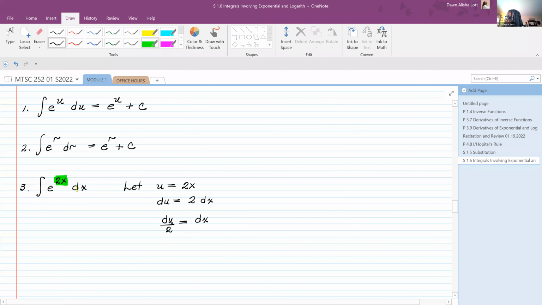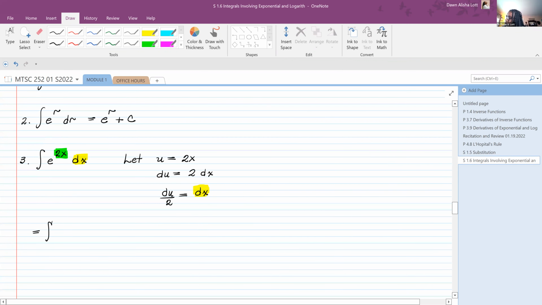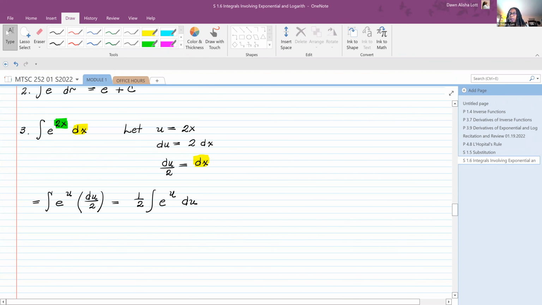So dx is the only thing left in the problem, so I got to solve for it. So this becomes the integral of e to the 2x. Well, 2x is just u, and dx is du over 2. So pull the 1/2 out, and then I get the integral of e to the u du. Oh, well, that's fantastic. That's what I want. I got rid of everything difficult, and now I'm on something rather easy.